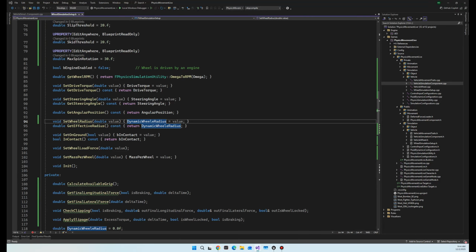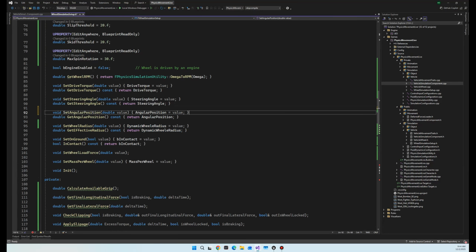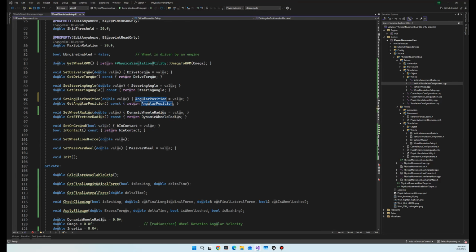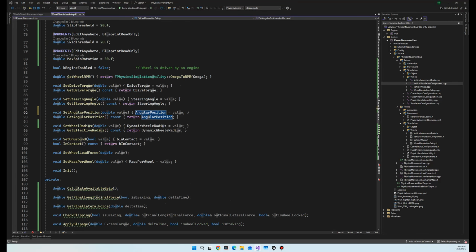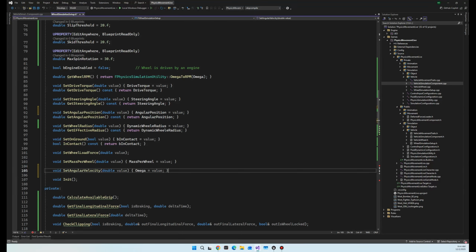We have set angular position. So we've got a set and a get on our angular position. Again, these are all private variables that we're working with. We've got set angular velocity. I'm just going to put that one down there for now.